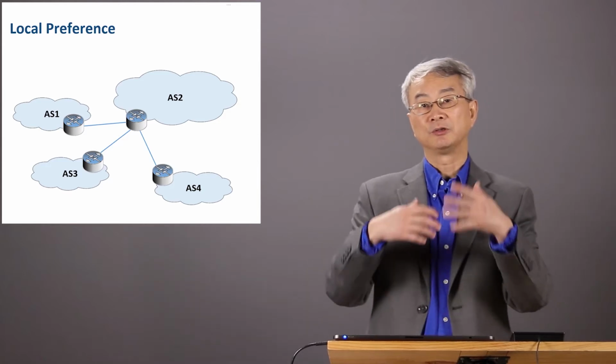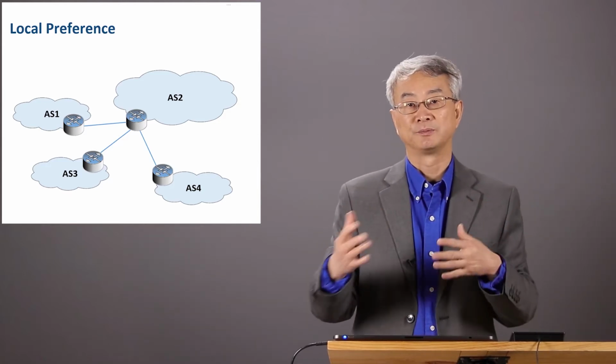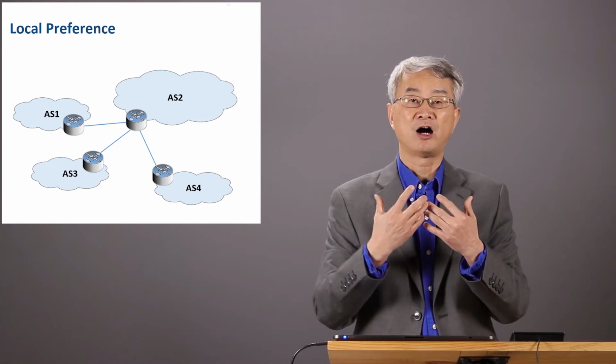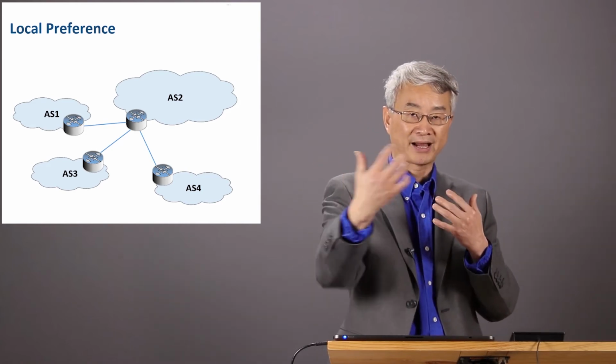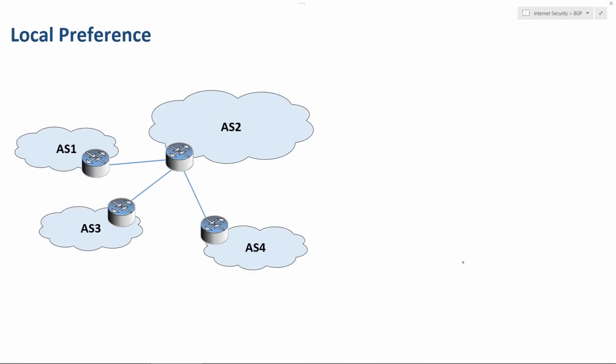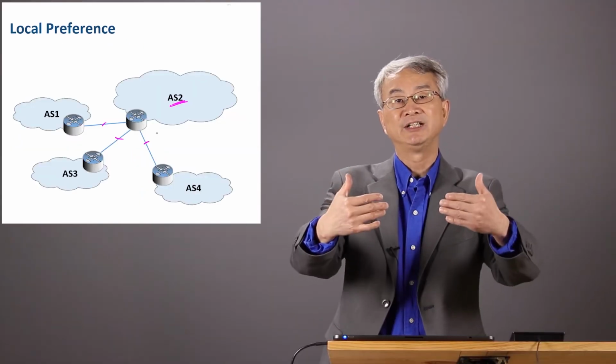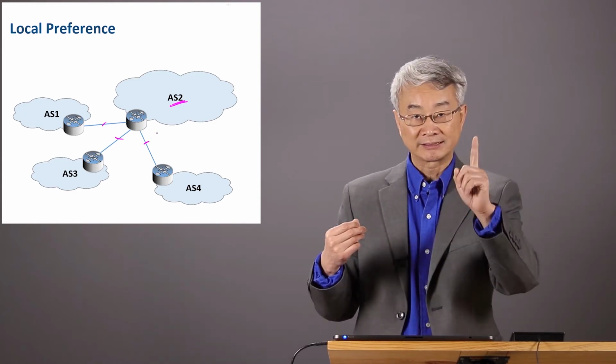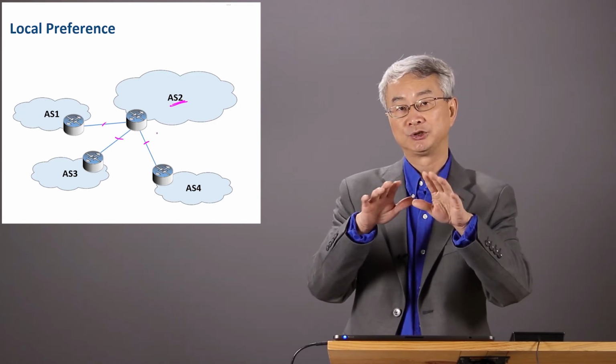So let's look at the local preference. What is the meaning of local preference? Local preference is really just something you set on the inbound path. If you have three inbound paths, like in here, where I am AS2, I have these 3 inbound paths. When I receive the inbound BGP update message, I'm going to assign the local preference to some of them.